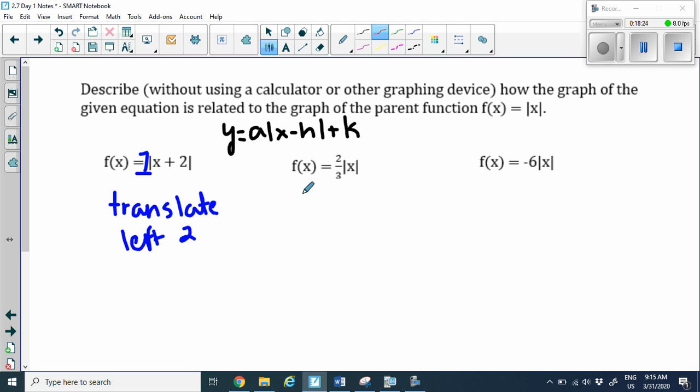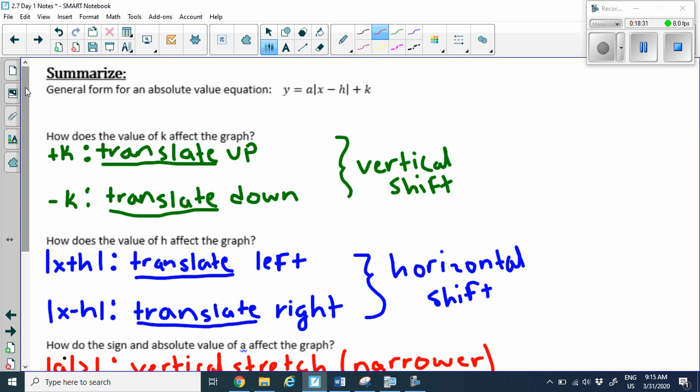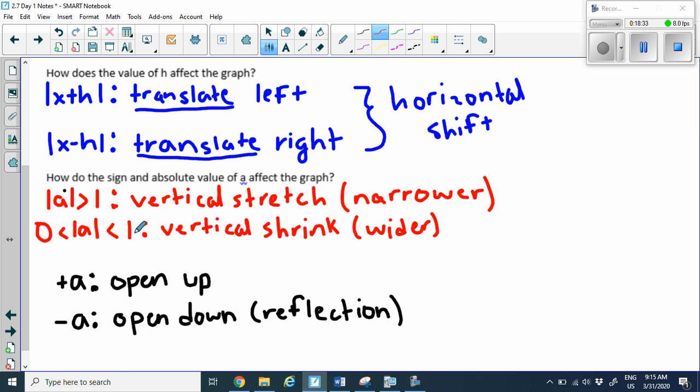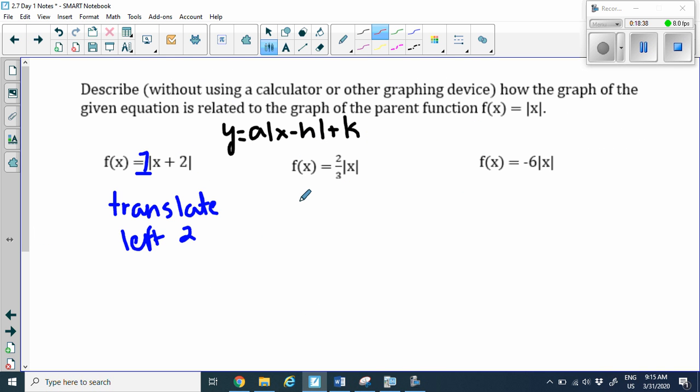Since 2/3 is between 0 and 1, going back to our summarization, this is going to be a vertical shrink. I'm going to write this as well so we know: the absolute value of our a is 2/3, so we have a vertical shrink.